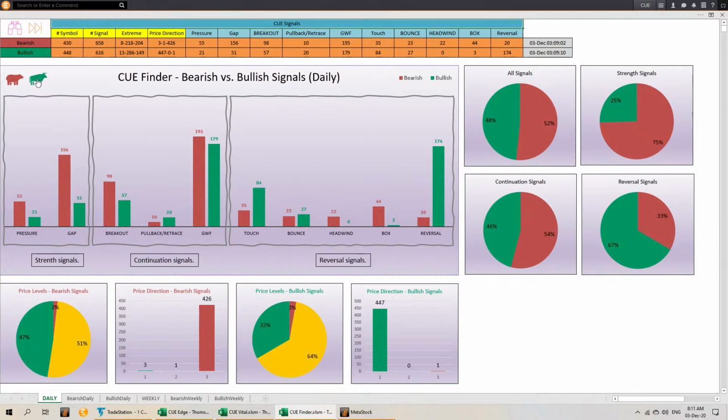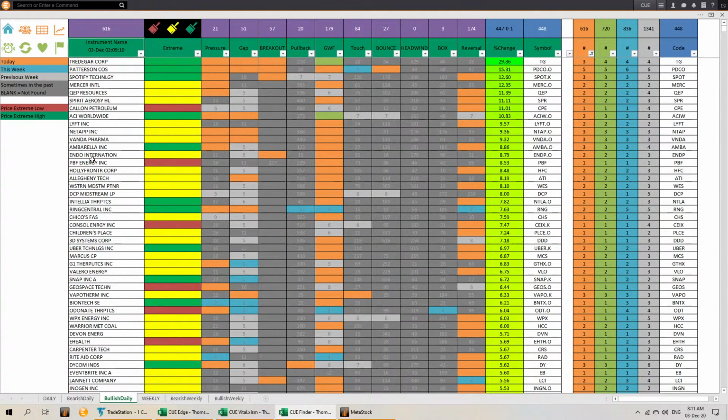I'm first going to the bullish tab. What do we have in the bullish tab? The content of the bearish tab is identical. The content of the daily and weekly interval tabs are also identical. Therefore, if I cover the bullish tab, you will know how to use the other tabs as well.